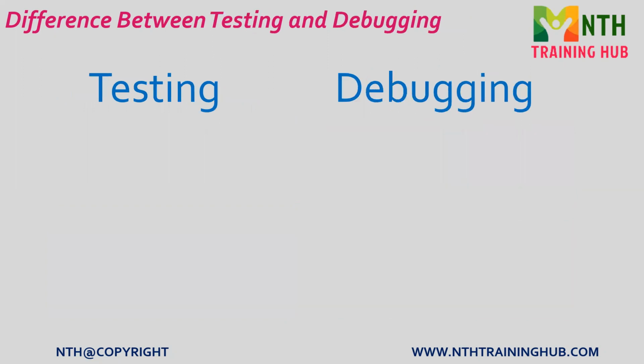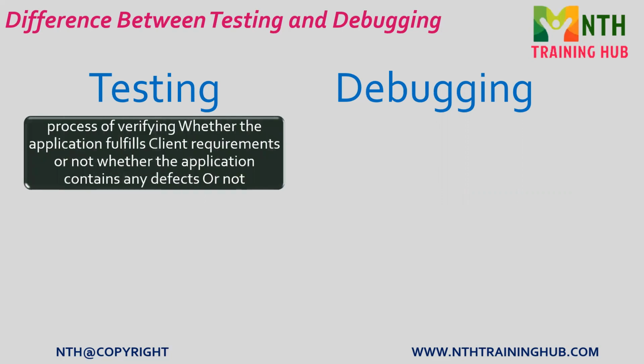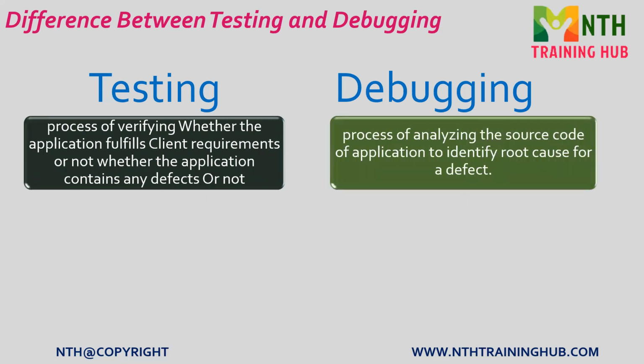Next, these are all terminologies. I hope you are understanding what I'm talking about. Testing and debugging are two important terminologies. Testing is a process of verification and validation of whether the application fulfills the client requirements or not, and whether it contains any defects or not. Whereas debugging is the process of analyzing the source code of an application to identify the root cause of a defect. Whenever any defect occurs, the root cause for throwing the defect will be given by the debugging process.